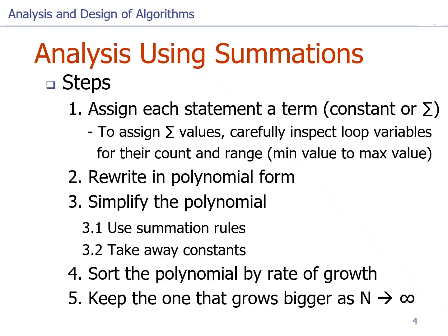Now, because remember, we are counting steps of execution, it is important to consider the count of the values that the variable is going to take. It makes a difference whether you are doing 50 steps versus 500 steps.